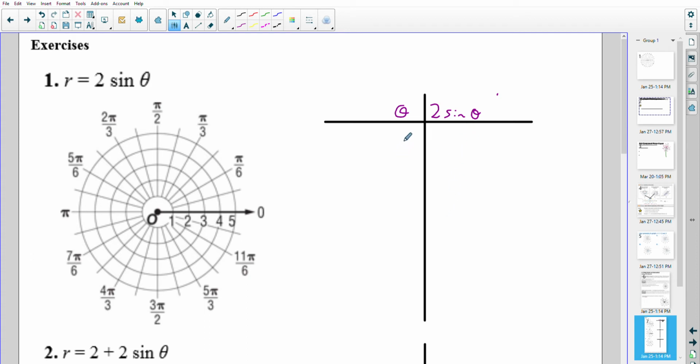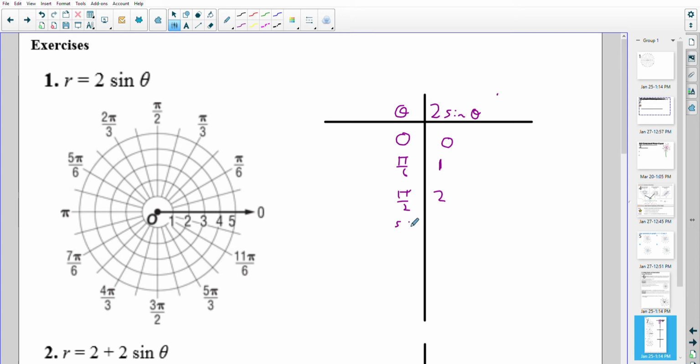I don't want any radicals. So naturally starting with 0, 2 times 0 is 0. And then pi over 6, because sine of pi over 6 is 1/2, so that's equal to 1. And the next point would be pi over 2. Sine pi over 2 is 1, so that's 2.